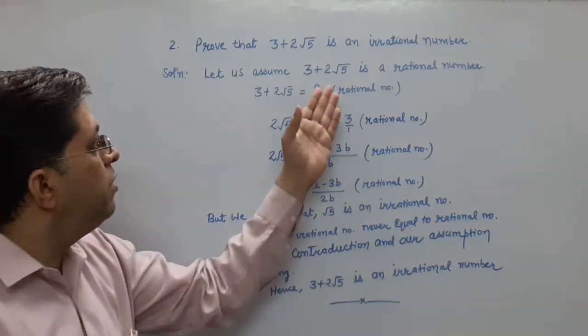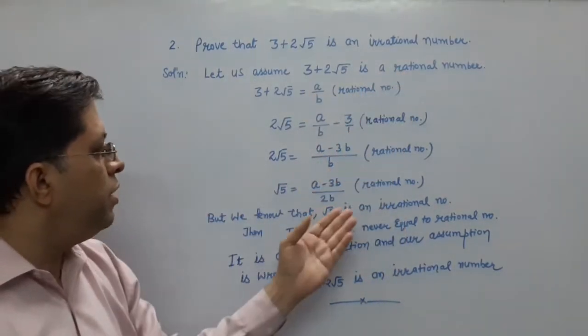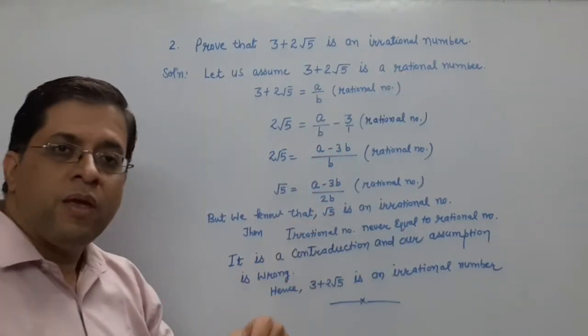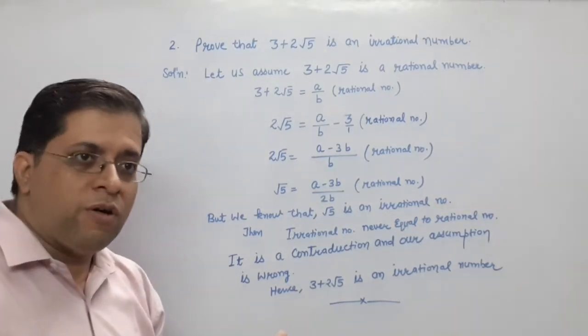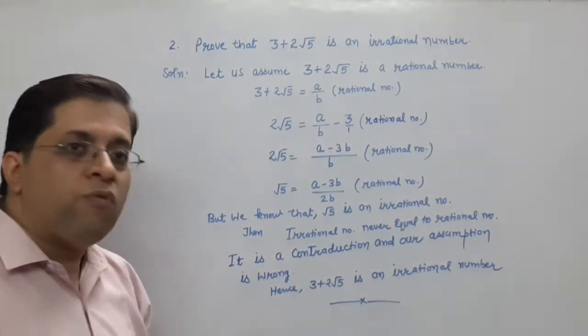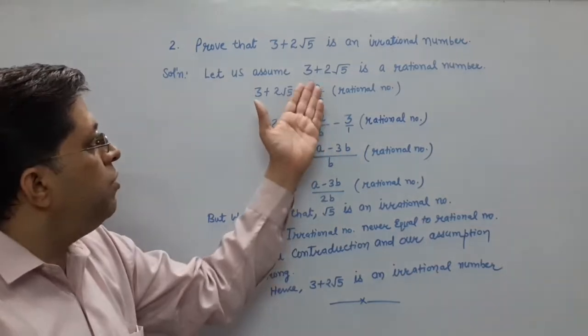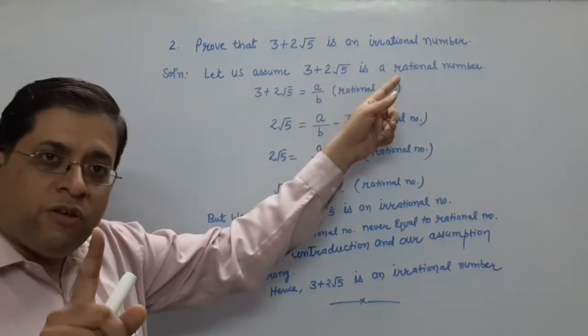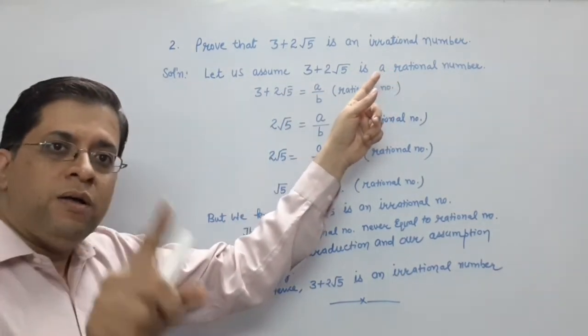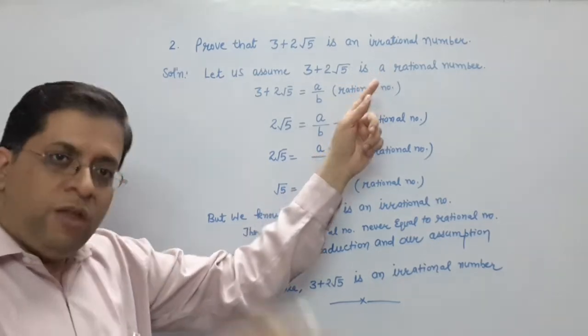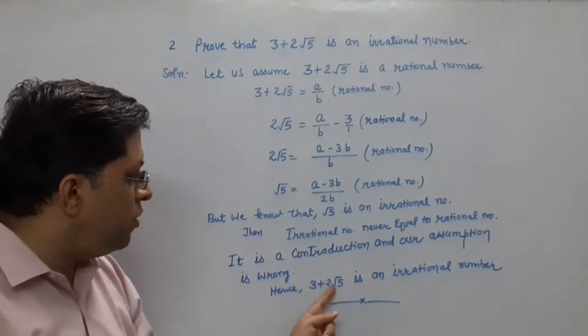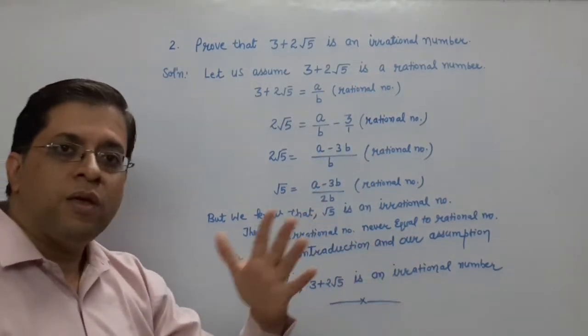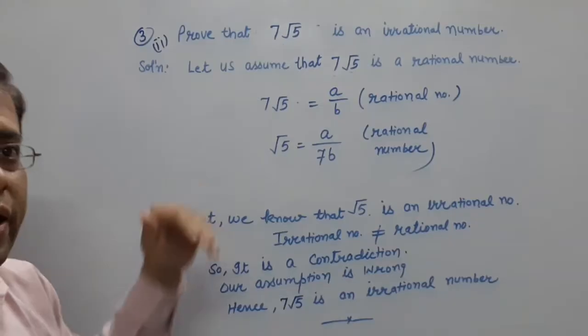What we assumed was a rational number, but here an irrational number is coming. So 3 plus 2 root 5 is not a rational number. It will be an irrational number. So 3 plus 2 root 5 is an irrational number.